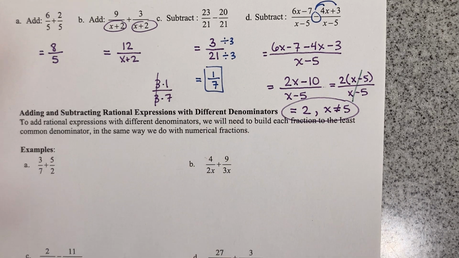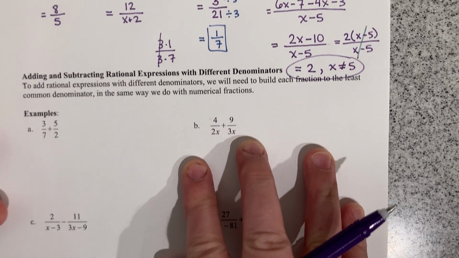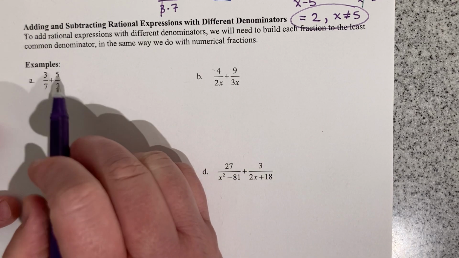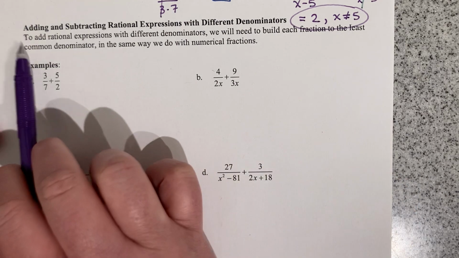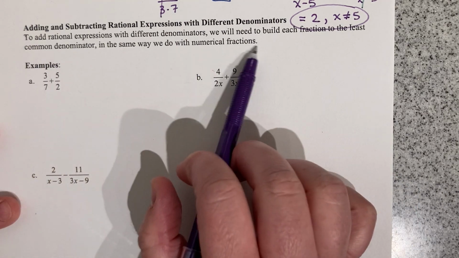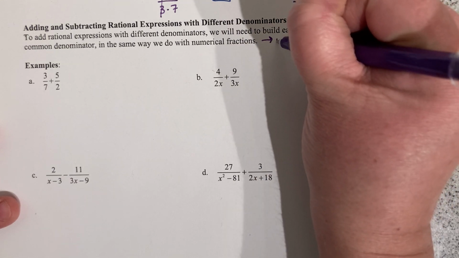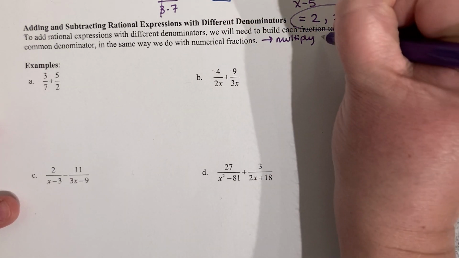Okay, let's do some examples where we don't start out with the same denominator and we have to get common denominators. In this case, let's see what the directions say. We need to build each fraction to the least common denominator in the same way we do with numerical fractions. And that is to multiply the top and the bottom by the same thing.